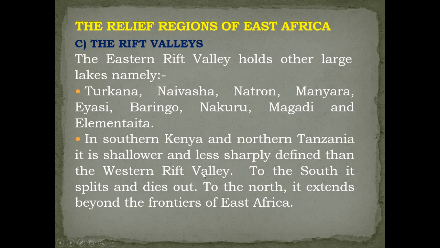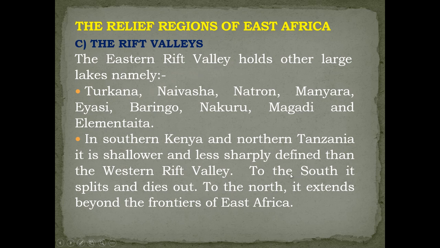The western Rift Valley is pronounced, but when you come to southern part of Kenya and northern part of Tanzania, this Rift Valley is less pronounced, and it is divided into so many parts, some going towards Mountain Kilimanjaro, another part splitting up towards Lake Victoria, and therefore it is less pronounced than the western Rift Valley and the other part, the northern part of the eastern Rift Valley.